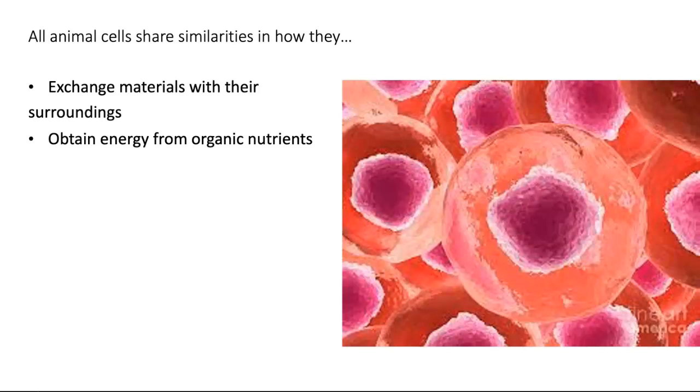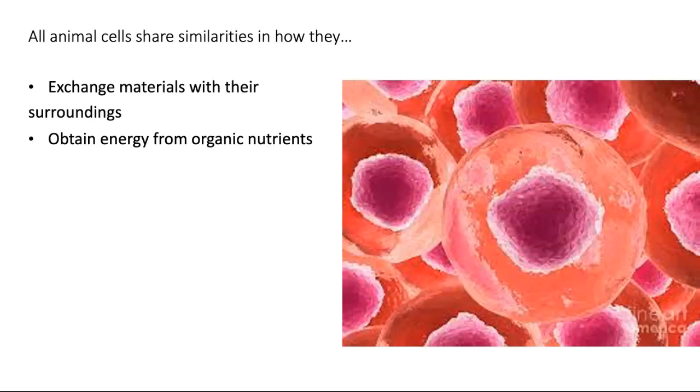The other similarity that all animal cells have in common is that they are taking the building blocks, all of those monomers that make up the biomolecules we talked about earlier in class, and they're breaking down those molecules into their monomer form, and then taking the monomers and reforming them into other molecules so that they can do other jobs, right?